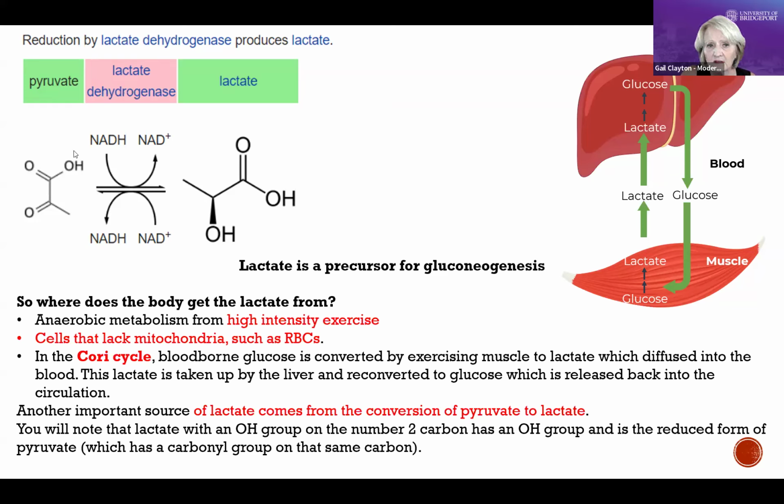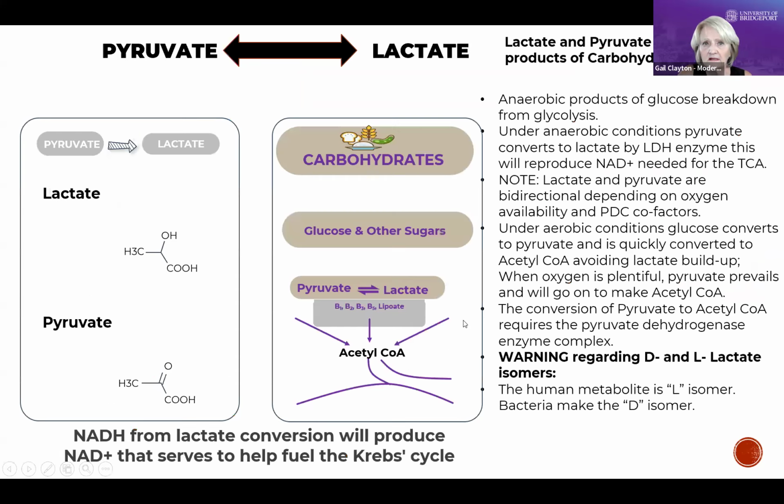So here's the OH. See how you have two OH groups here. So one of these double bond O's is reduced when the hydrogen is added. Okay, let's go to the next slide.